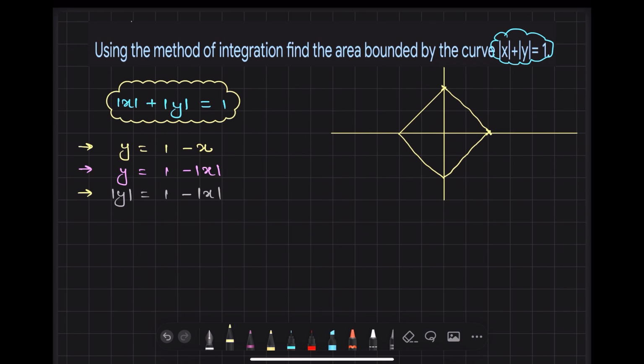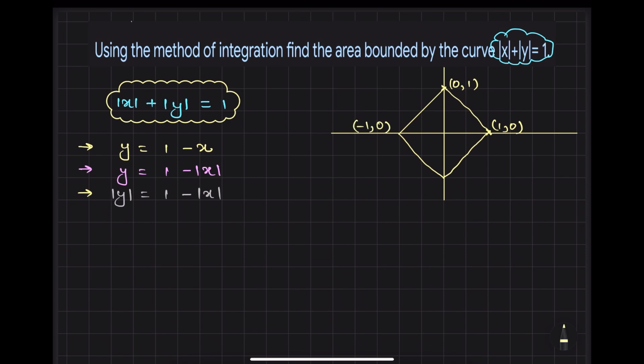Now we will plot those points, and then we can find the required area. Who is this? It is 1 comma 0. Who is this? Minus 1 comma 0. And who is this? It is 0 comma minus 1.